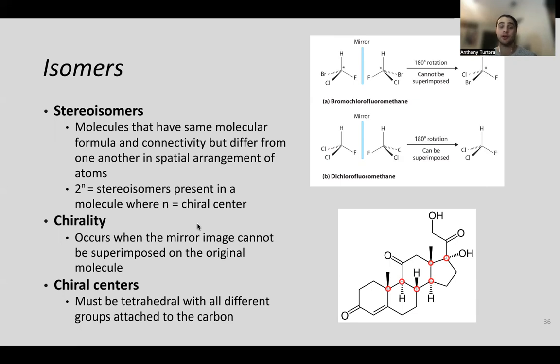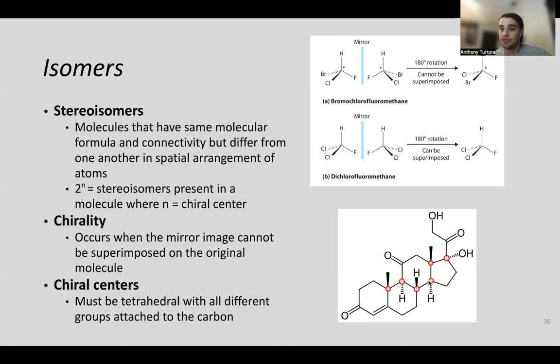The way that we figure out if a molecule is chiral is by counting its chiral centers. Again, we know that we have a chiral center if it is a tetrahedral carbon attached to all different substituents.